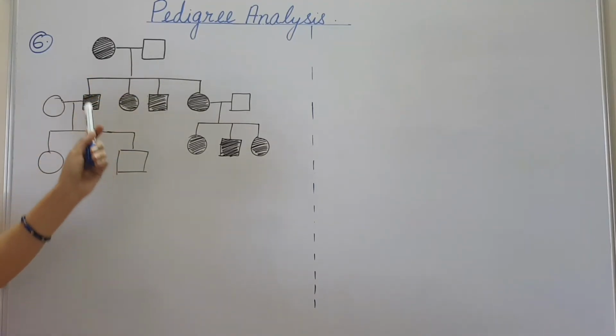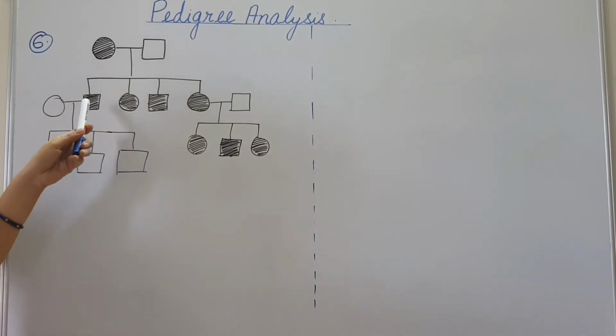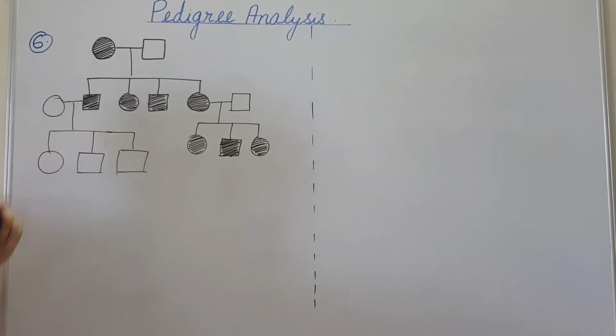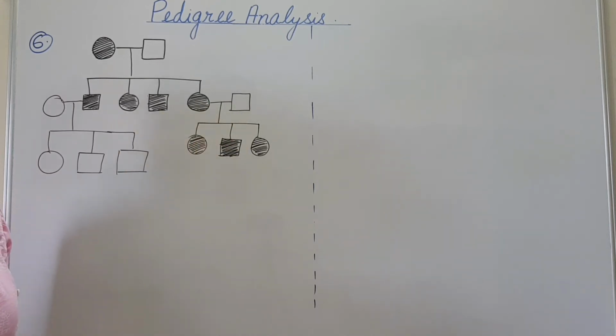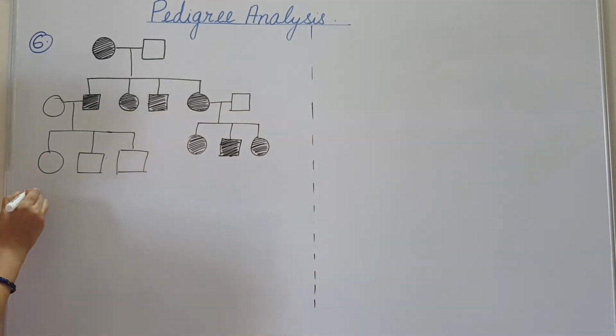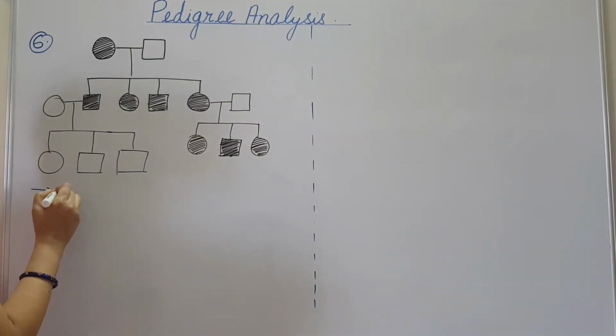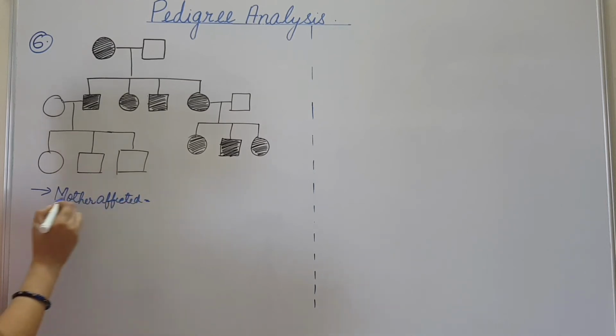So if we see this question, here an affected female mates with an unaffected male. All the offspring in the next generation are affected. When one of the affected males mates with an unaffected female, all the offspring are unaffected. Here, when the affected female mates with an unaffected male, then all the offspring are affected. So we can say, if mother is affected, all offspring affected.